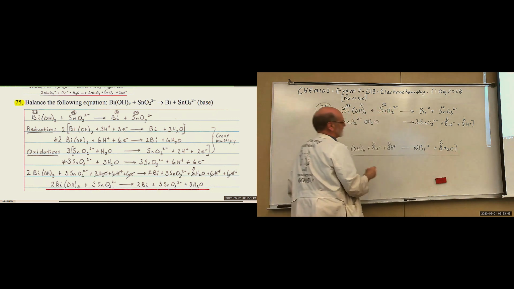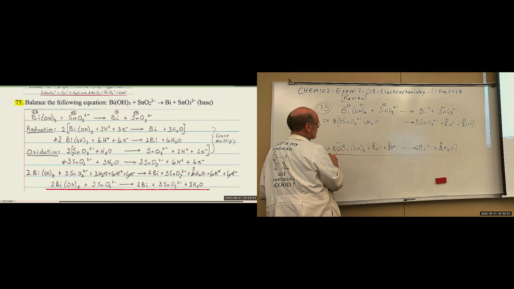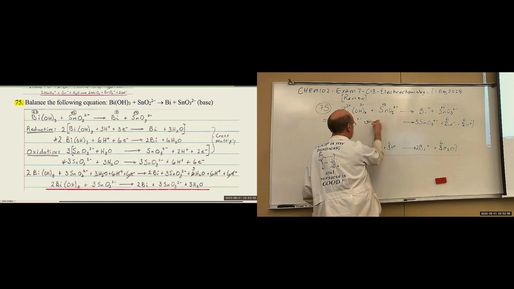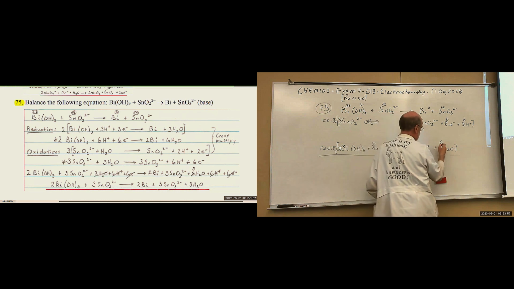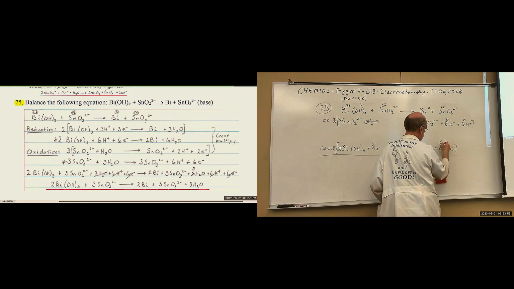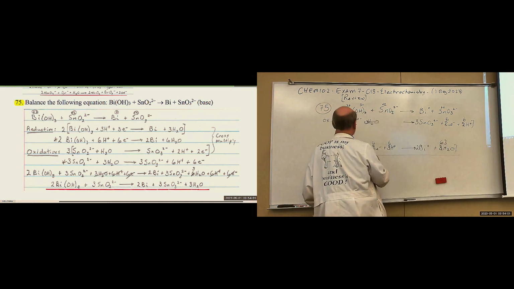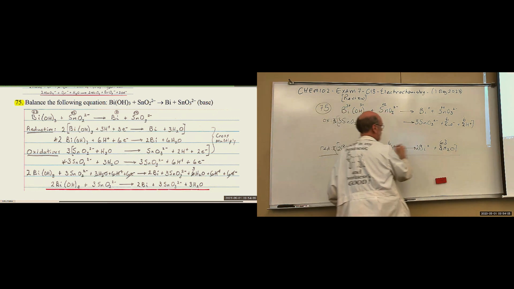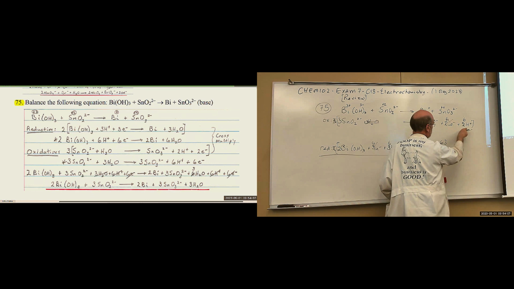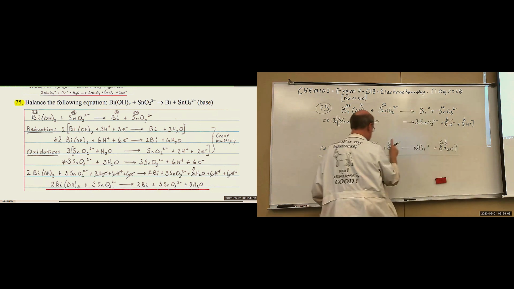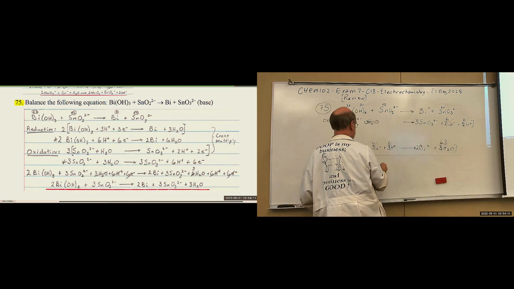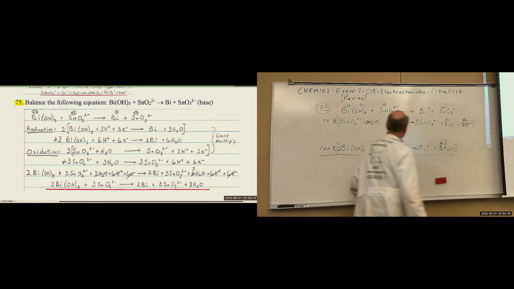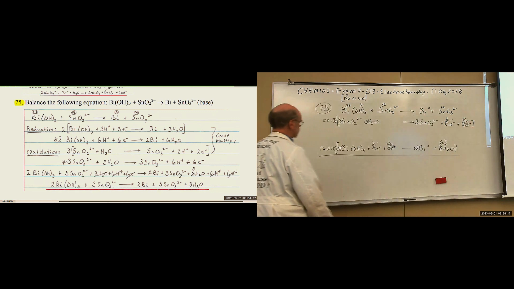Okay. Now, let's see. We got 3 waters here, 6 waters there. So these 3 waters will go away. And these will go back to 3. Electrons, right? They're gone. And hydrogens, 6 hydrogens there, and 6 hydrogens there. They go away. Okay.